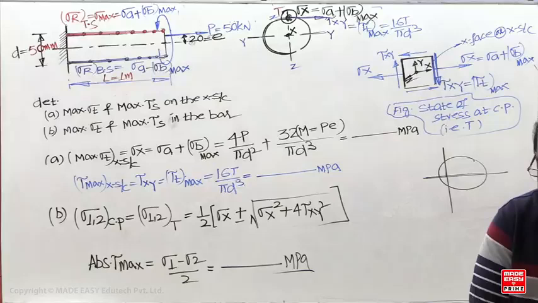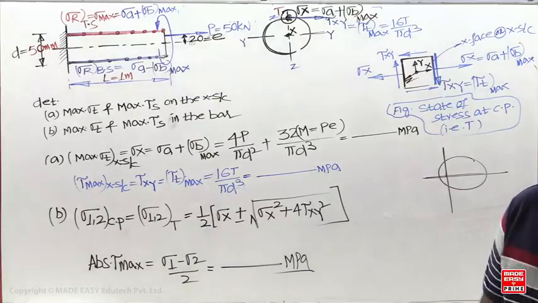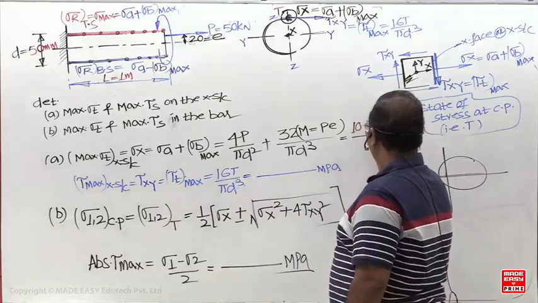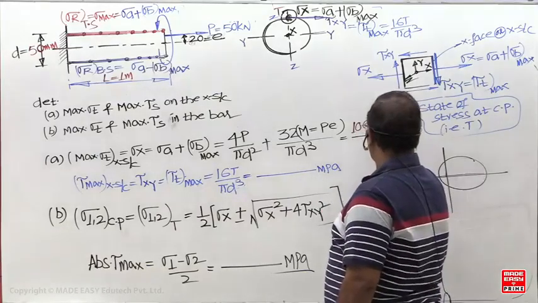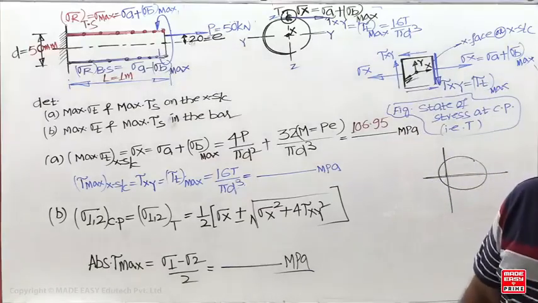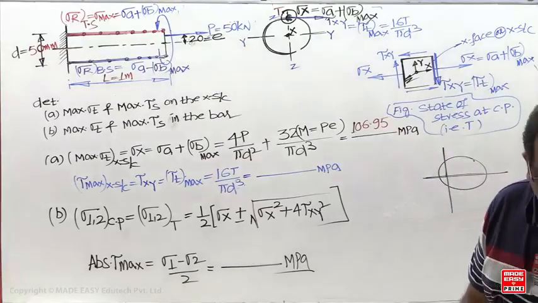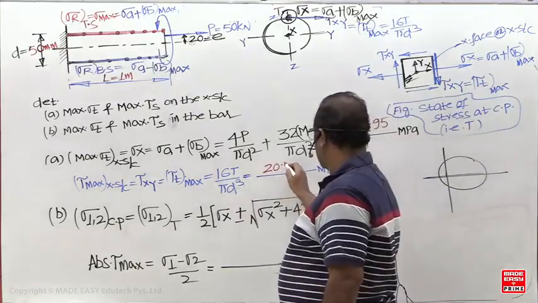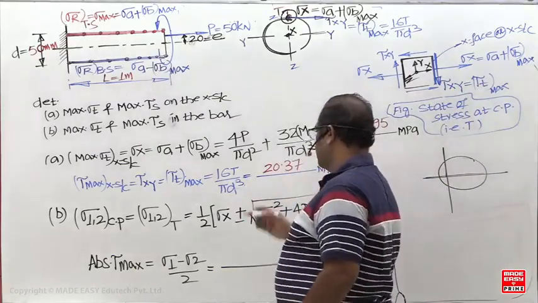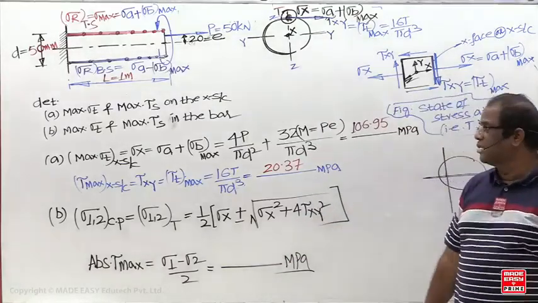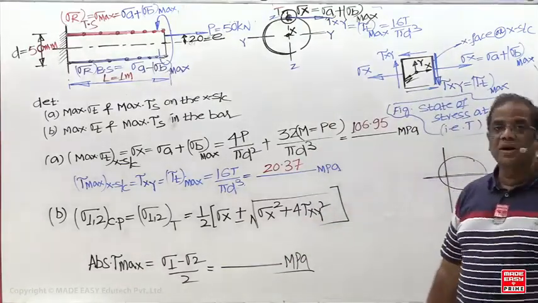The first value is 106.95. Check it. The other one is 20.37. Your principal stresses are unlike in nature. One will be positive, one is negative. You are going to get it.